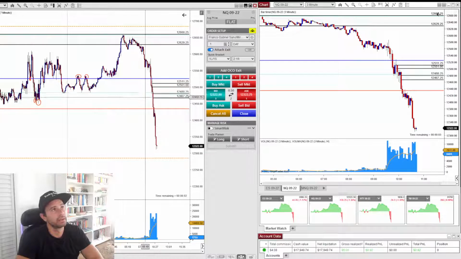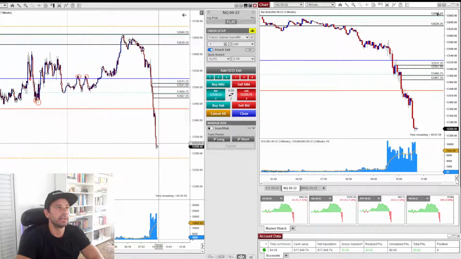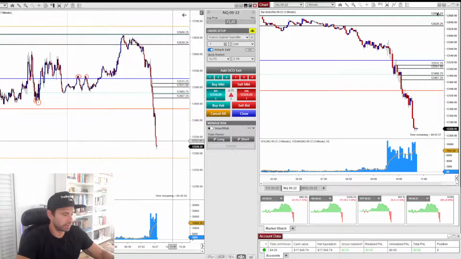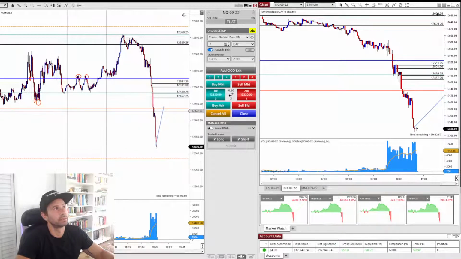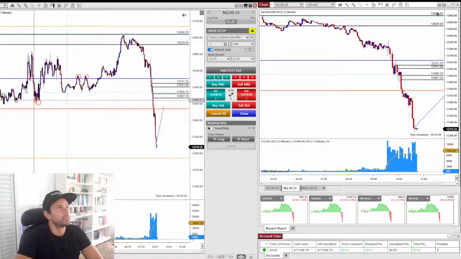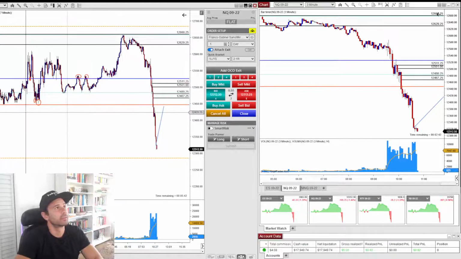Realistically, it looks pretty ugly, but this could just create a pretty sharp retracement to here. I do like all this pivot, by the way. Instead of this one, I like all this.